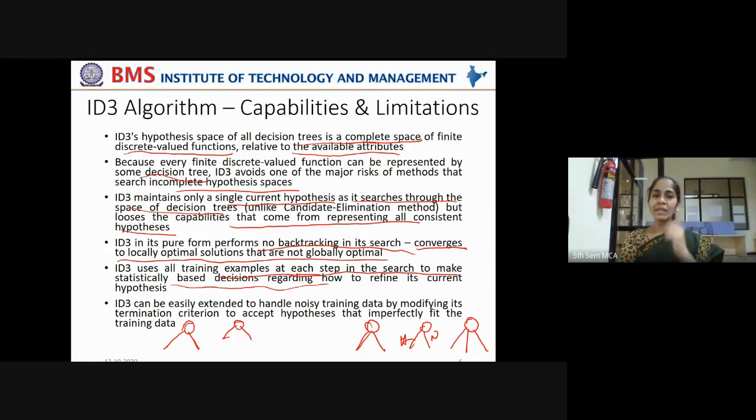Now, ID3 can be easily extended to handle noisy training data. That is the most important advantage of decision tree algorithms. It can handle noisy data by modifying its termination criterion to accept hypotheses that imperfectly fit the training data. So you can keep on extending in order to fit that noisy data also. Say there is some data which is an outlier, which is not fitting with the initial levels, but you keep on extending the decision tree.